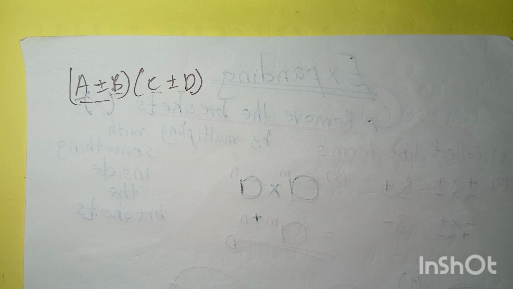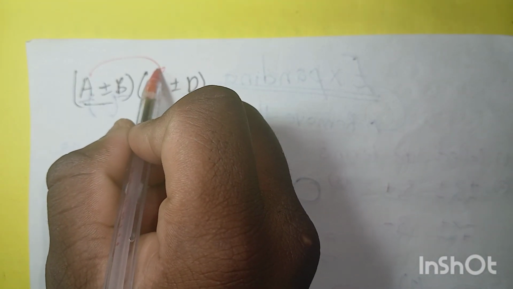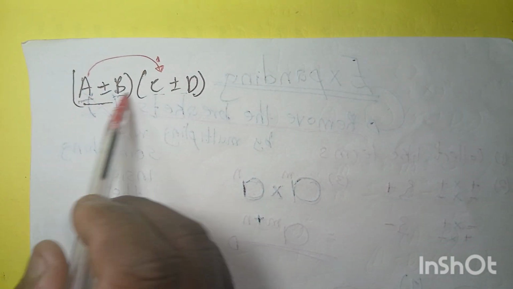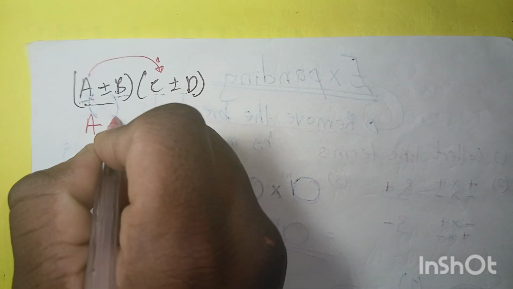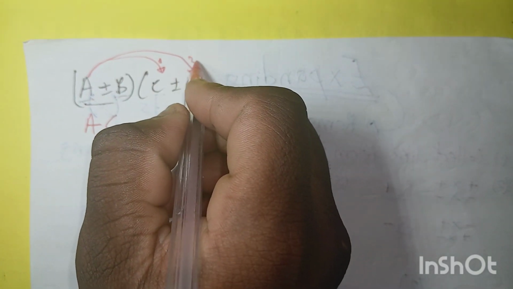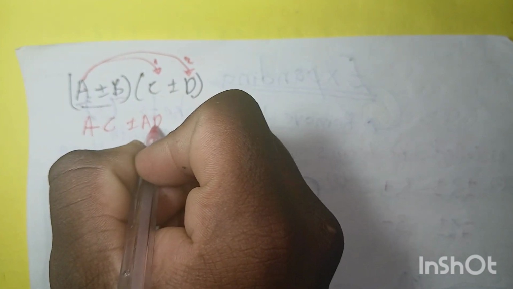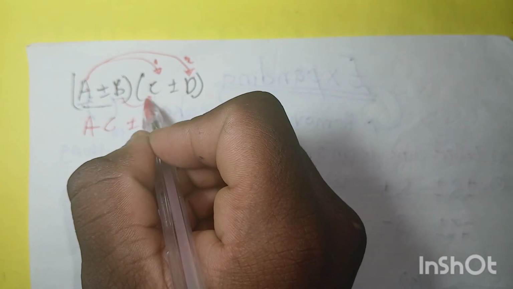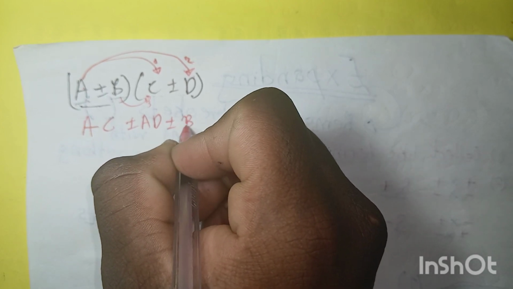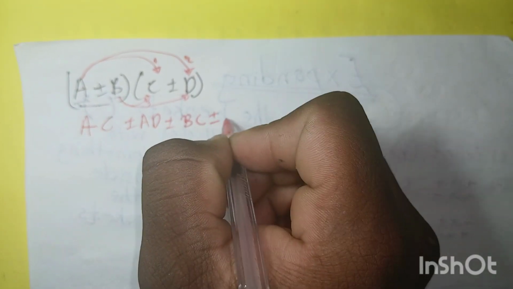The first thing to do is to multiply this term with this one. This multiplied by that one will just be AC. This multiplied with that one, which is the second step, is plus or minus AD. And now this multiplied by that one, which is the third step, is plus or minus BC. This multiplied by that one is plus or minus BD.